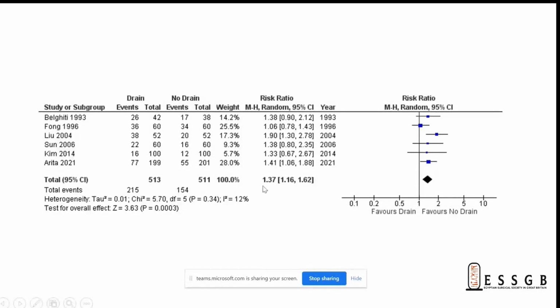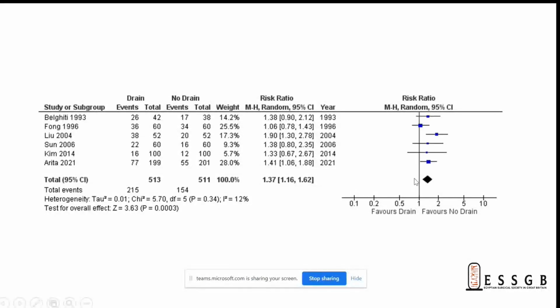And this resultant odds ratio or risk ratio is reflected on your plot by a black diamond, okay? In the plot, there is a central line, a treatment on the left side, and a treatment on the right side. In the adverse outcomes, it means that they are bad outcomes. For example, say this is a study which compared the placement of a drain versus no drain in liver resection.